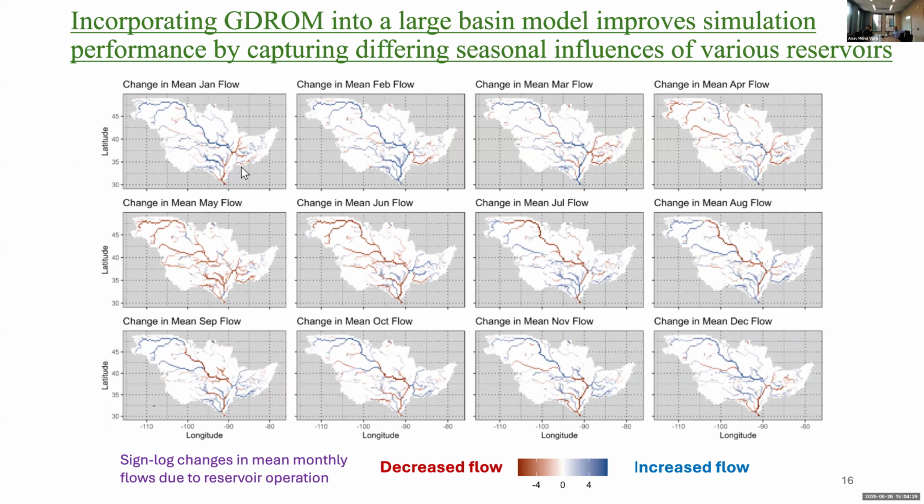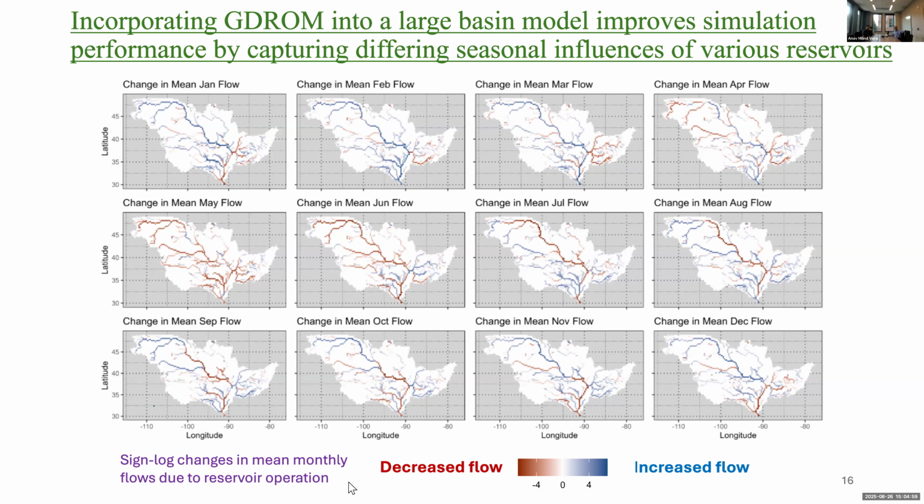What we show here is the difference between the mean monthly flow with or without GDROM, and that difference is represented by the sine log changes, in order to cover a wide range.